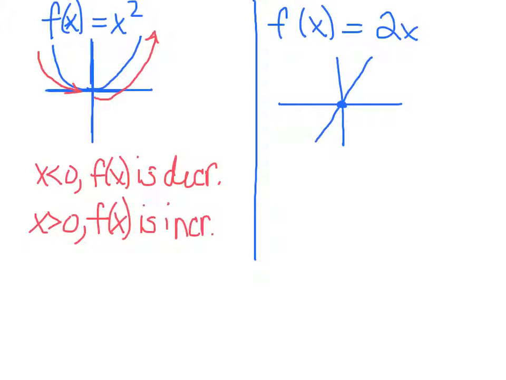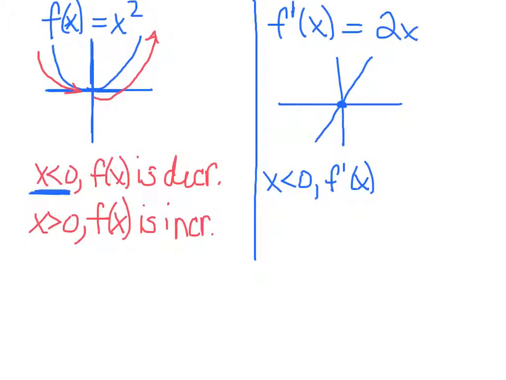But let's go back and look at f of x. When x is less than 0, the function's decreasing. Let's look at the, oops, that should say derivative. Let's look at the derivative when x is less than 0. Do you notice that when x is less than 0, the derivative is below the x-axis?